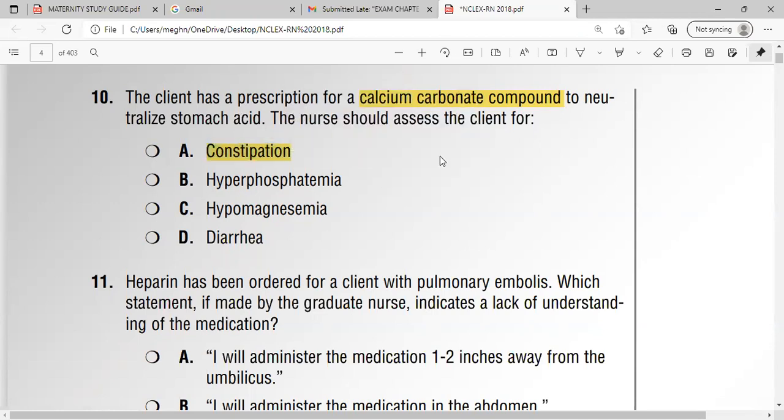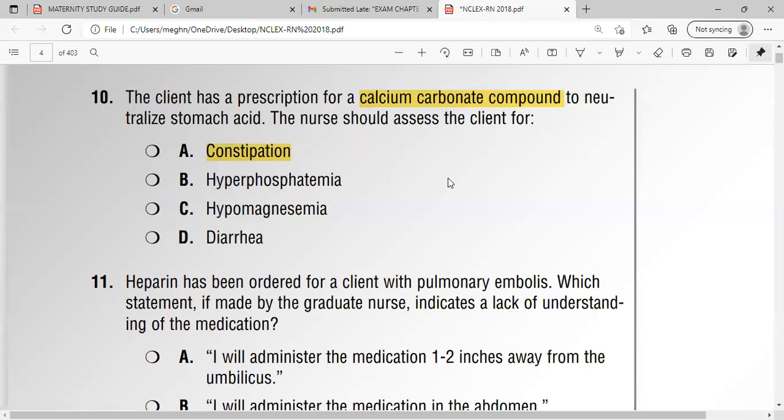So the client taking a calcium preparation will frequently develop constipation. We learn from here that calcium can cause constipation. We need to monitor the patient and encourage them to eat enough fiber-containing food and drink a lot of water, right?